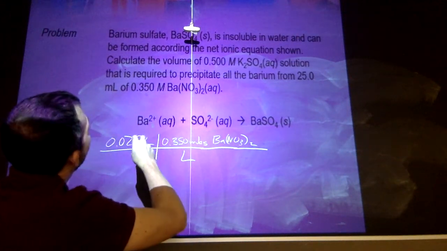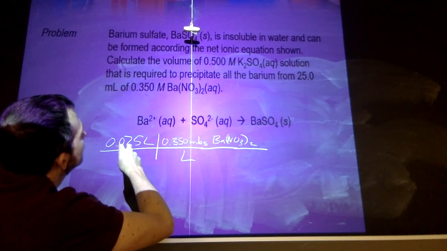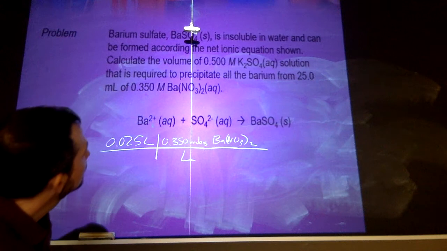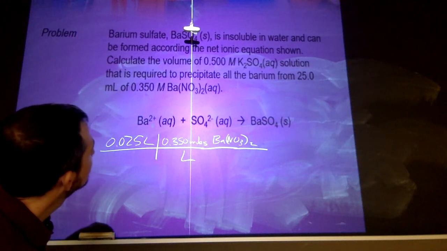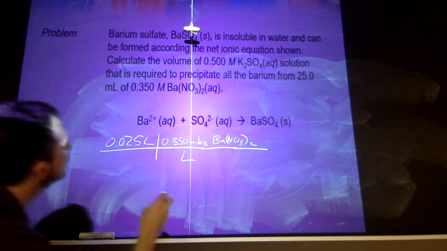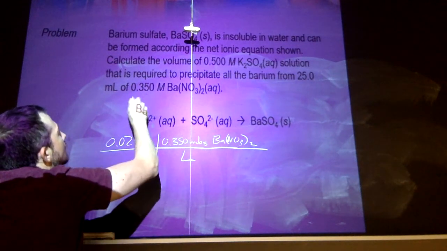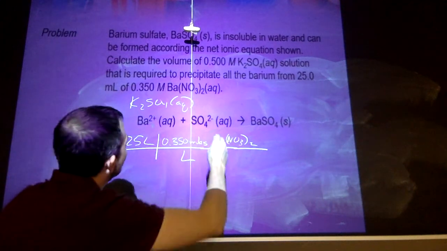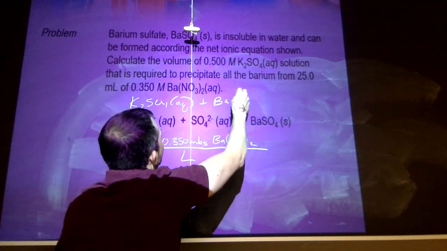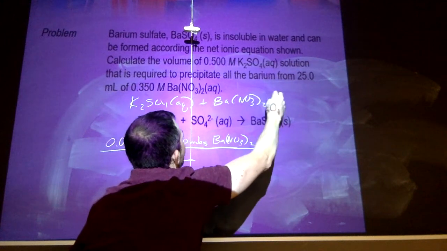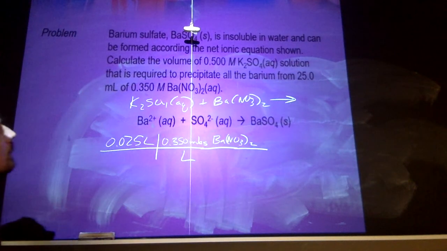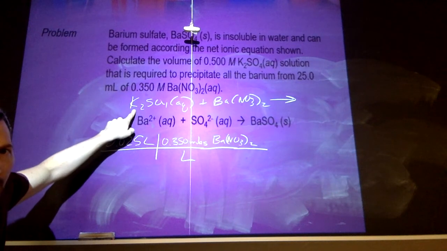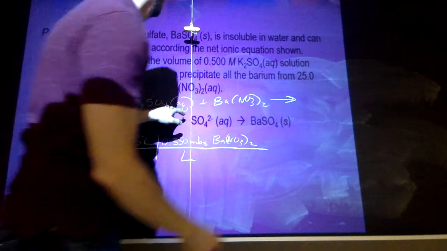So I have K2SO4 plus barium nitrate. So I get barium sulfate, so I take the positive of my first, pair with the negative of the second.